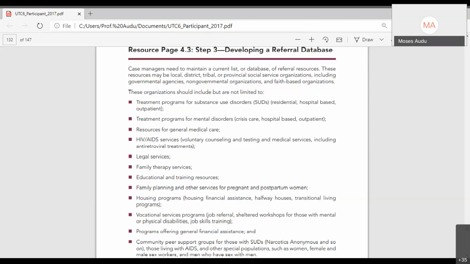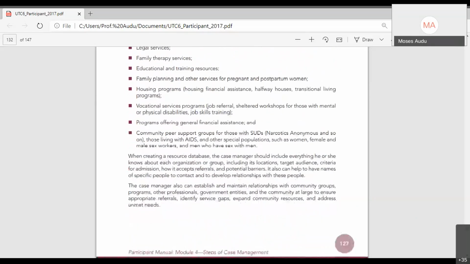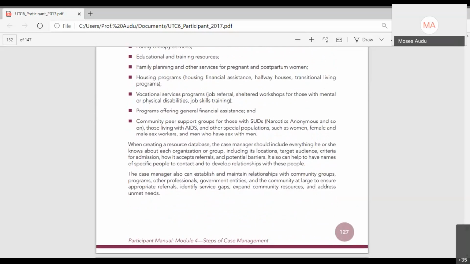You're able to provide legal services, family therapy services, educational and training services, family planning and other services for pregnant and postpartum women, housing programs, vocational service programs, job referral, and then programs offering general financial assistance and community peer support groups for those with SUDs, Narcotics Anonymous, AA, those living with AIDS, and other special populations such as female and male sex workers, and men who have sex with men.